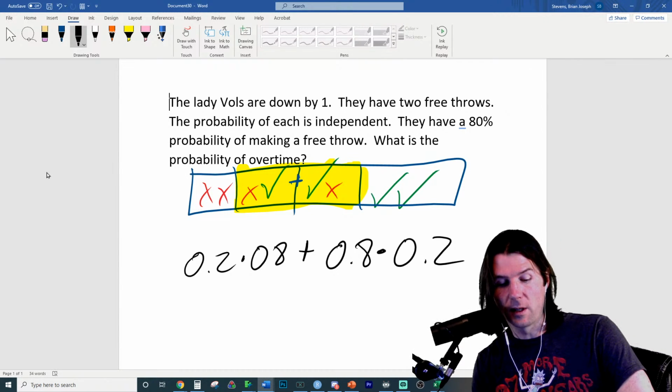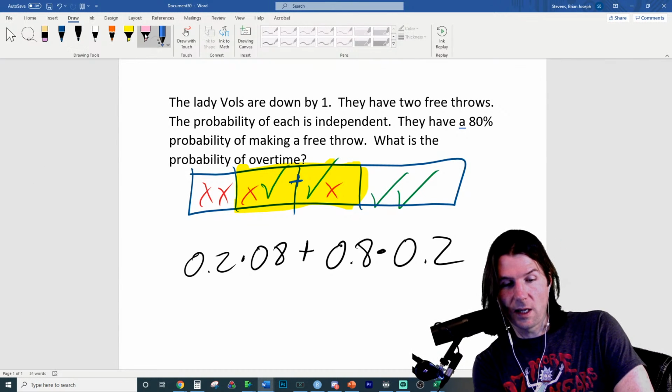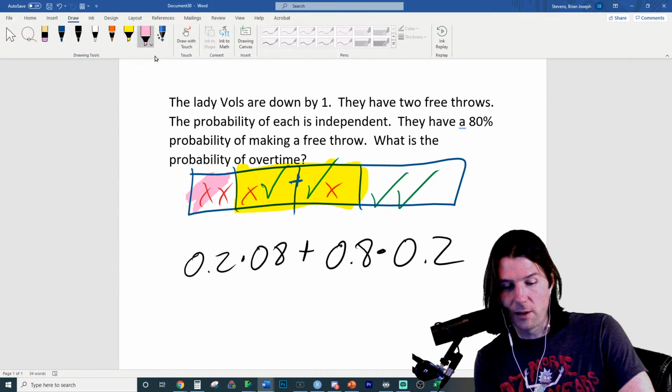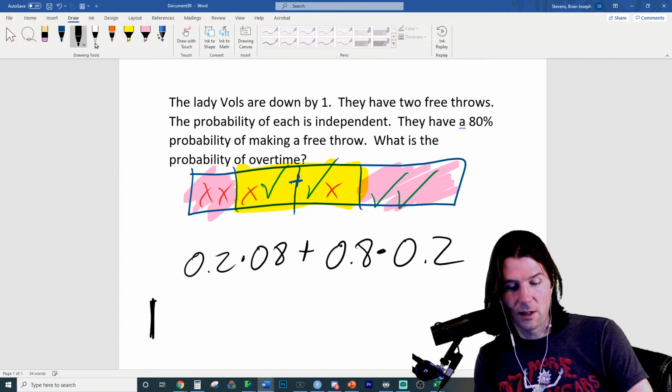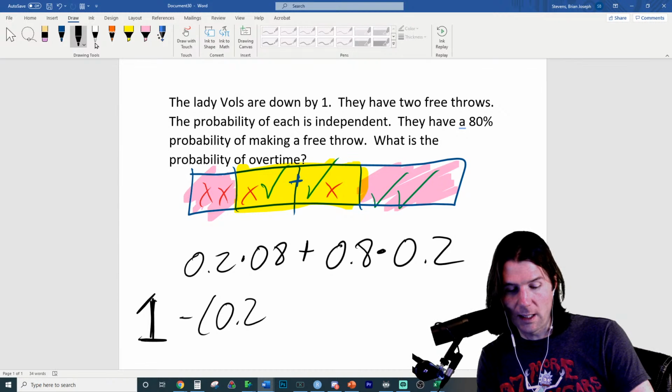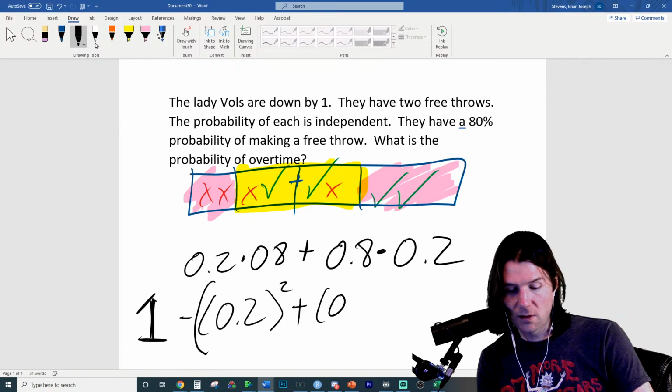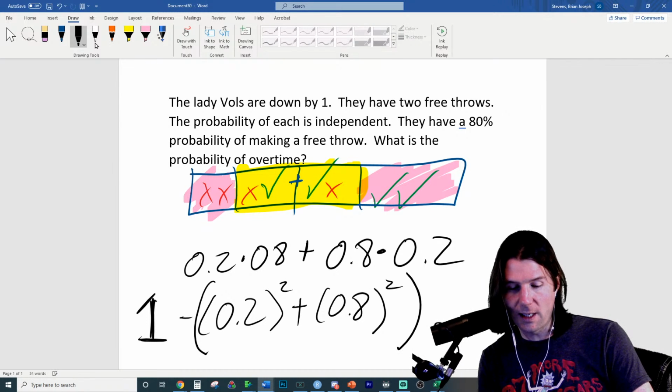There's another way of doing it, though, because we could also say these are the things we're not interested in. So going to overtime would be everything but they miss both shots, or they make both shots. We'll put this inside a big parentheses. So everything but they miss or make both shots.